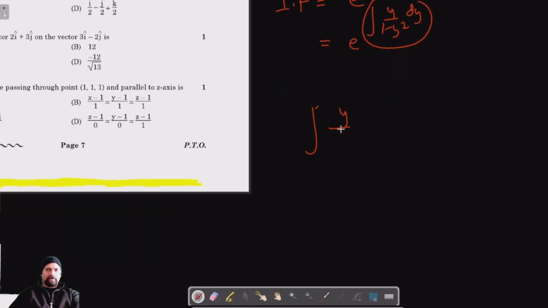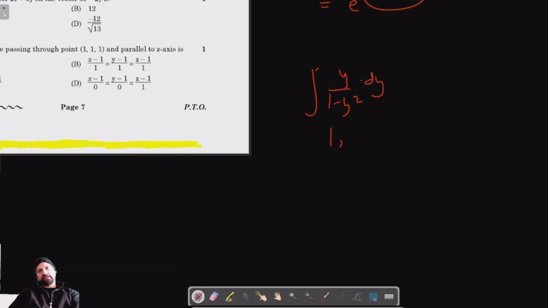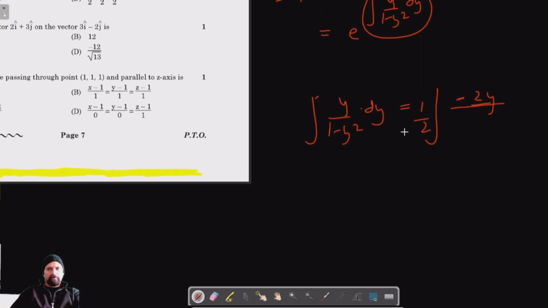Integration of y upon 1 minus y square into dy can be evaluated by multiplying and dividing by minus 2, so minus 1 by 2 comes out.